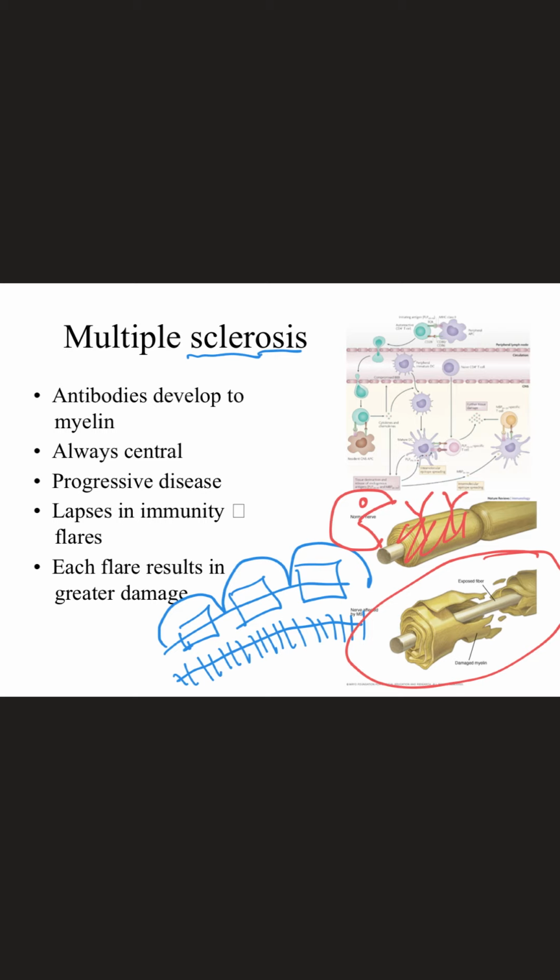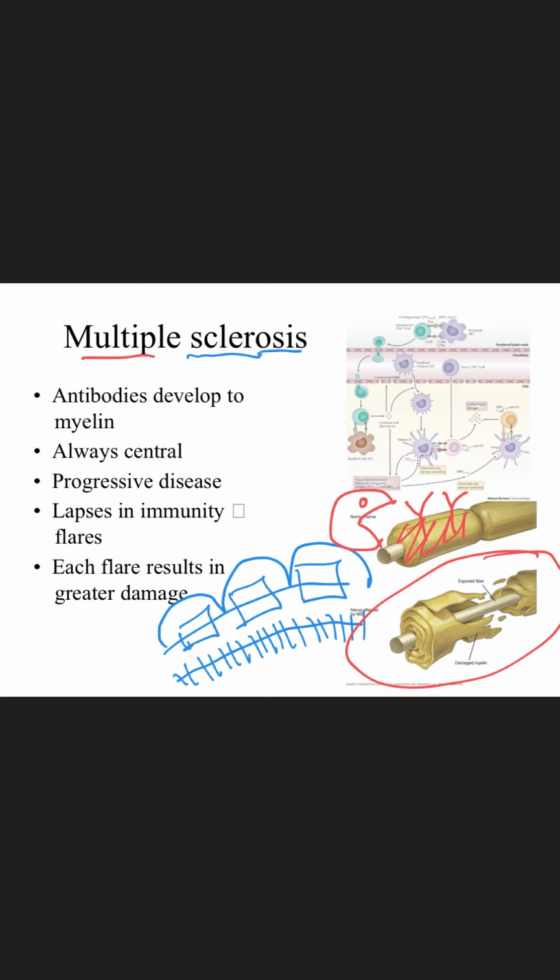You've got an exposed fiber because the myelin has been tagged for destruction and eaten away by the immune cells. This is something that is progressive. Once this disease starts, it progresses, meaning it gets worse and worse, unless somebody is on a great medication regimen, and you never see a reduction in symptoms, which would be lovely to see.